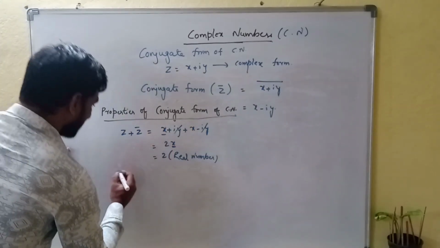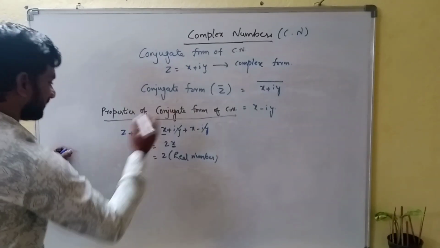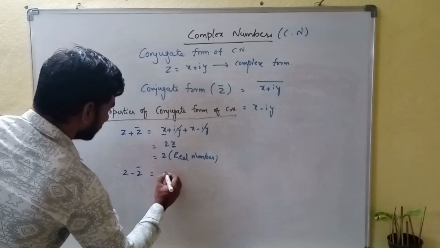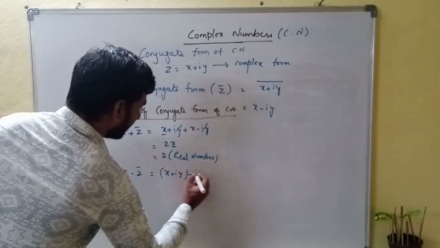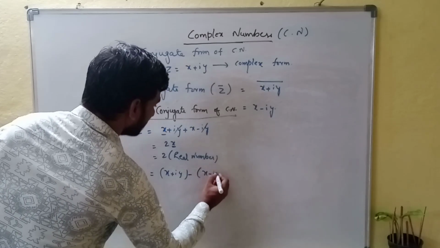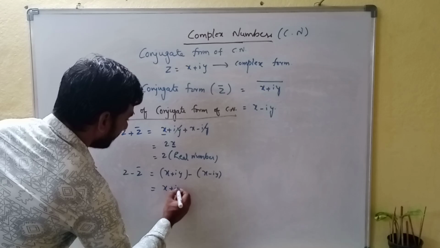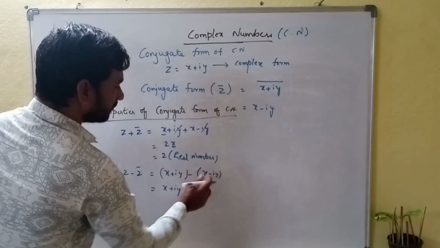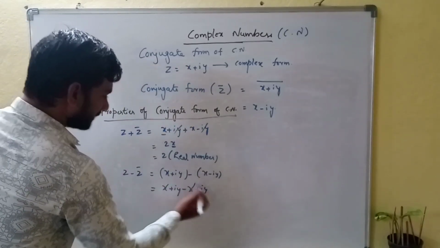Now let's subtract the conjugate form of the complex number from the complex number. That means z minus z bar. This equals x plus iy minus x minus iy. So this becomes x plus iy minus x plus iy; minus into minus becomes plus. Here x gets cancelled.